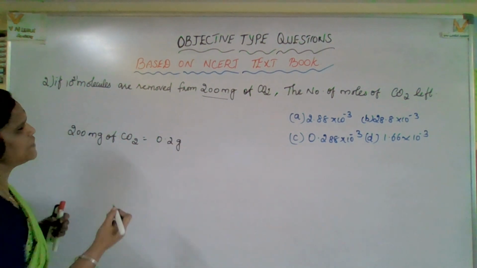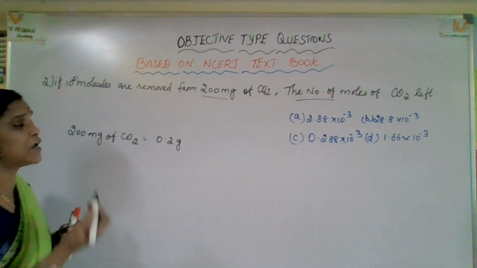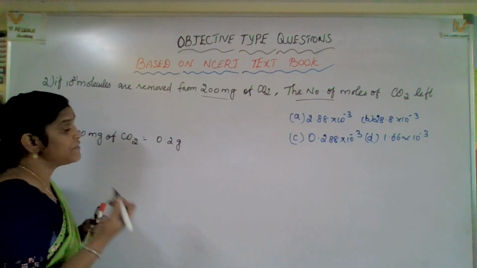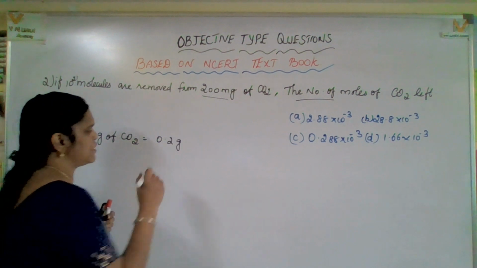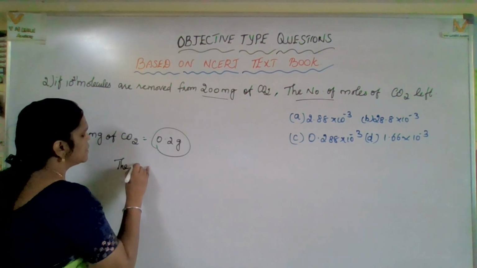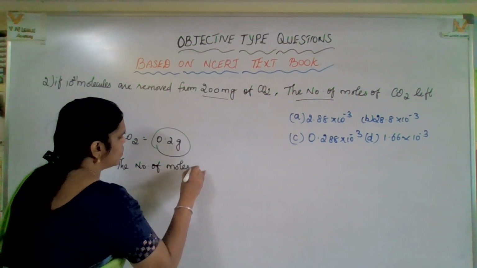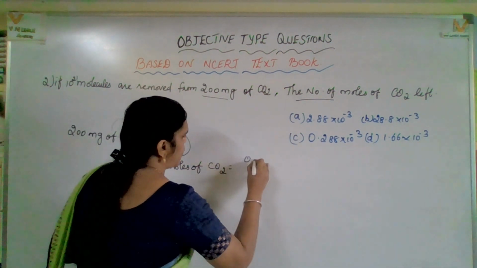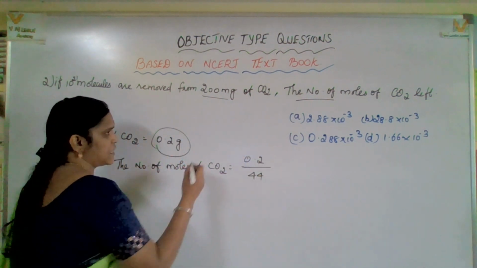We have to find the number of moles of carbon dioxide left. Carbon dioxide molecular mass is 44, you know very well. So, given mass by molecular mass gives the number of moles. The number of moles of carbon dioxide equals 0.2 divided by 44, the carbon dioxide molecular mass.